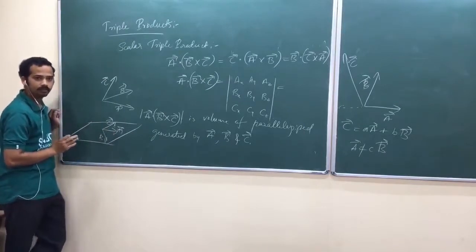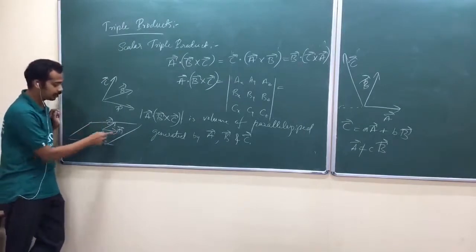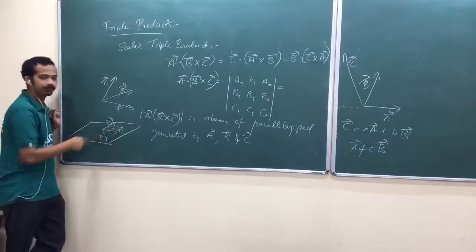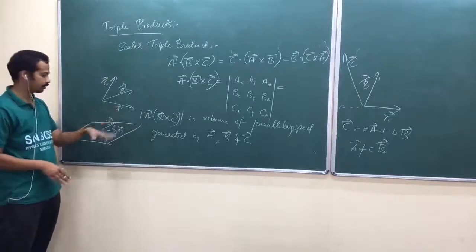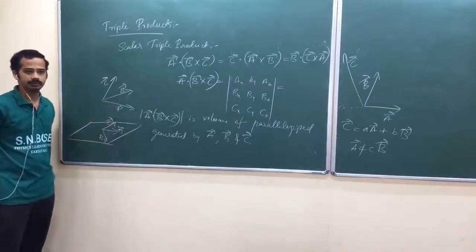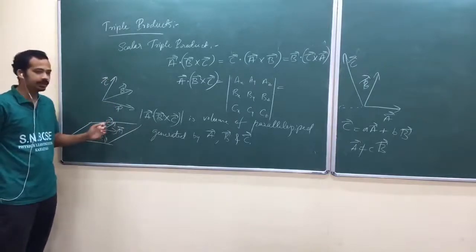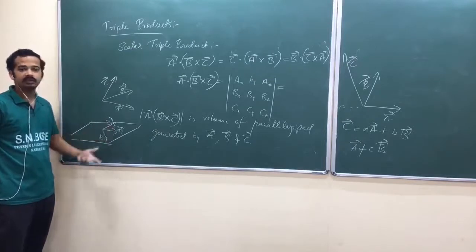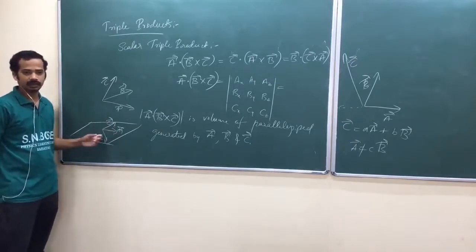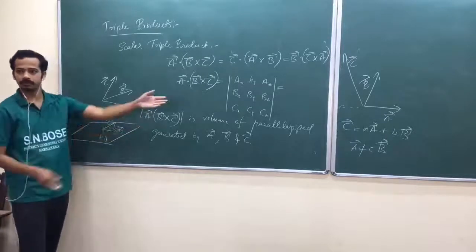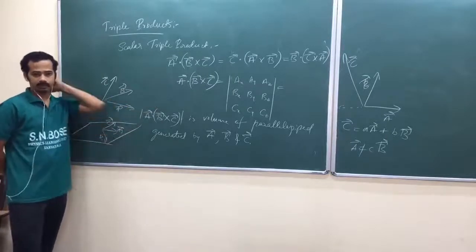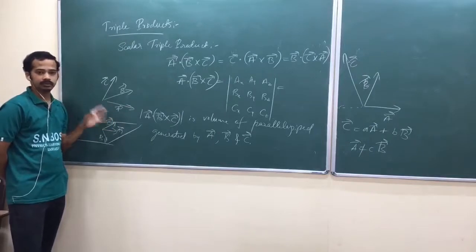Now look here, there is no way of writing C as a linear combination of A and B, because if you linearly combine A and B, you will get a vector in that plane. You will never get a vector outward from the plane. That's why A, B, C are linearly independent. Obviously, in this case, it will form a parallelepiped, and its volume is non-zero.